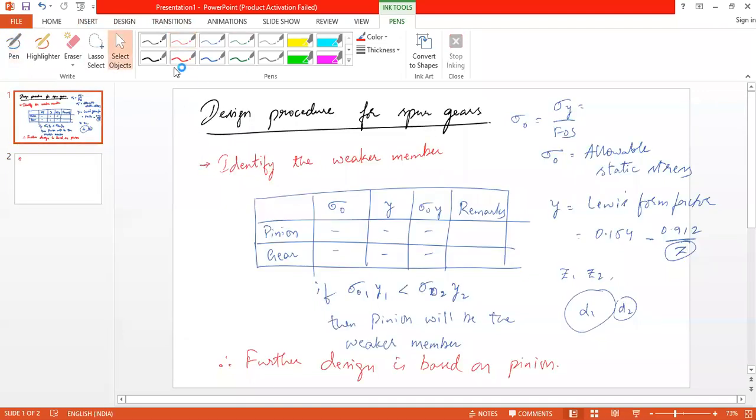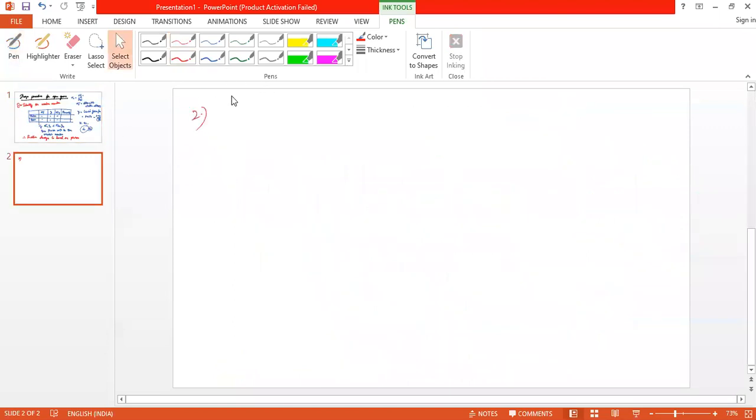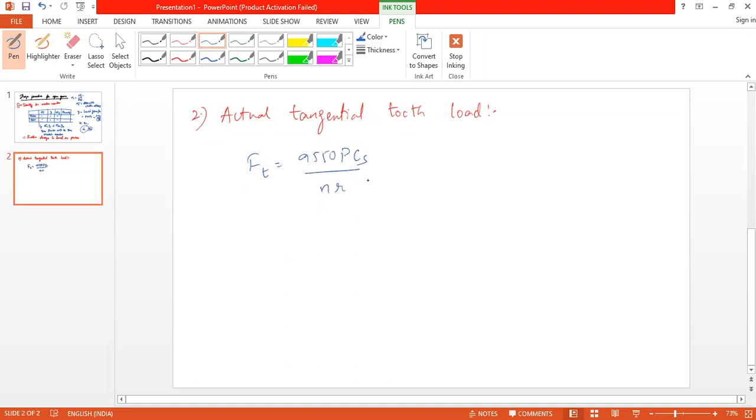So what is the second step? Step number 2 is the actual tangential tooth load. Here, what is the equation? It is Ft equals 9550 P Cs by N r.